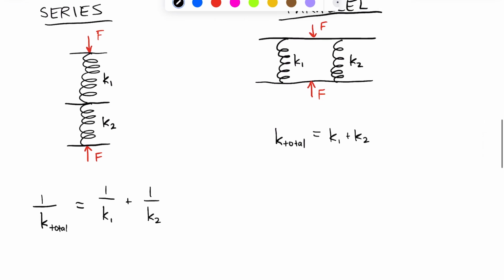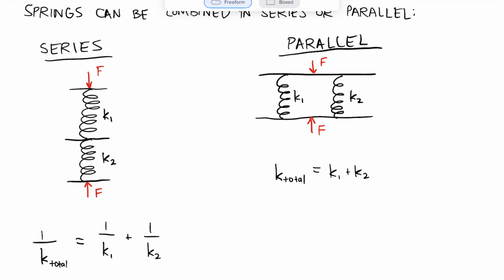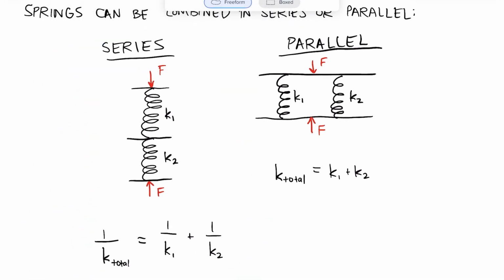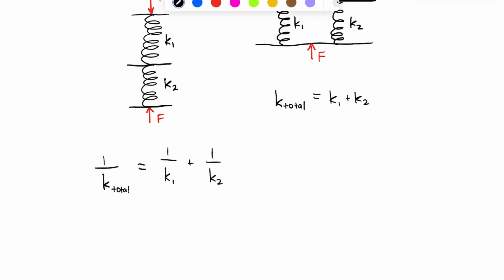Okay, and this is just for these 2 examples, but we can extend this to say in general, for springs in series, 1 over K total is equal to 1 over K1 plus 1 over K2 plus however many springs you have all the way to Kn.